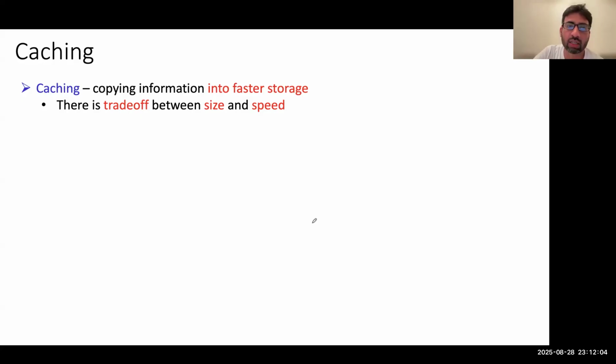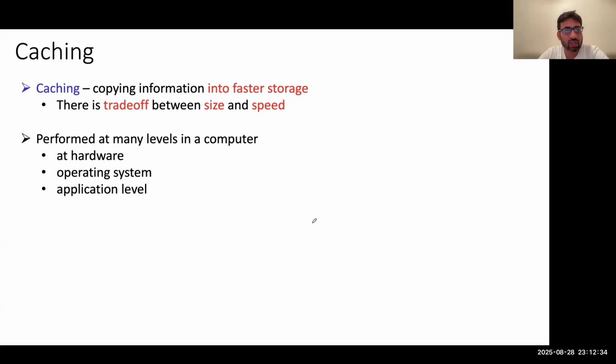The basic idea is that you want to copy the information into faster storage so that you can execute your application or program in a lesser amount of time, because if data is placed in faster storage, the program can access it relatively faster, right? But then, as I said, there is a trade-off between size and speed. As you go up, your size reduces, but your speed increases, right?